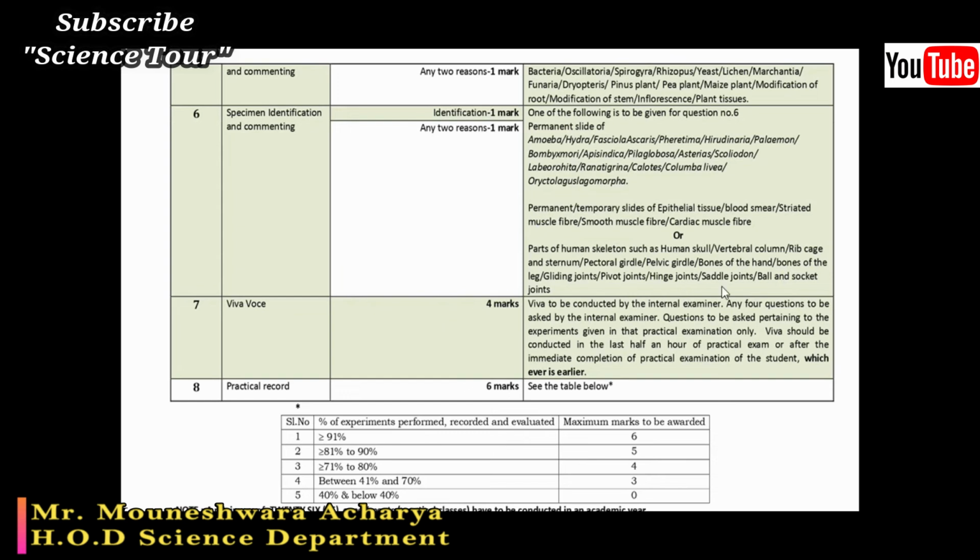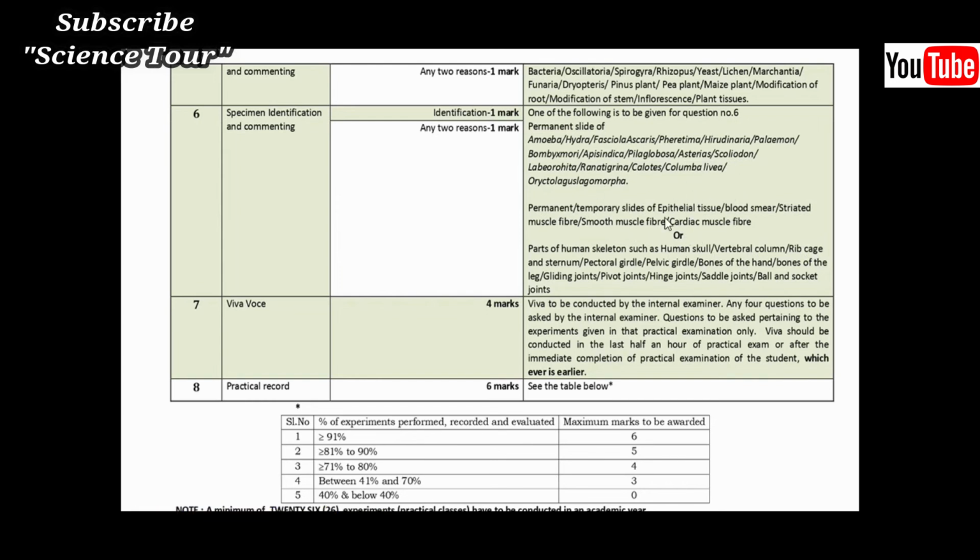All these different skeletal systems we are going to study in detail in theory as well as in practicals. So any one can be given for identification and with the 2 reasons. So this part under zoology is very interesting, and all these are medical related. You want to become MBBS, okay, it's possible.